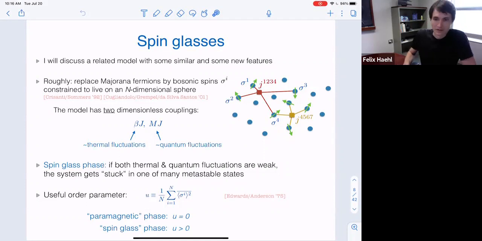The system tries to find the global minimum in this free energy landscape. So it moves around in this landscape. But what happens in these spin glass models is that as you lower the temperature or increase the coupling strength, at some point there's a phase transition, and the dynamics suddenly slows down enormously, and the system becomes stuck in one of those minima.